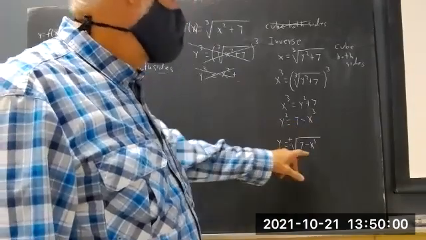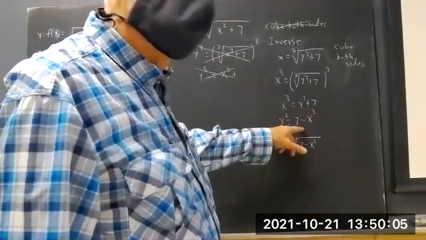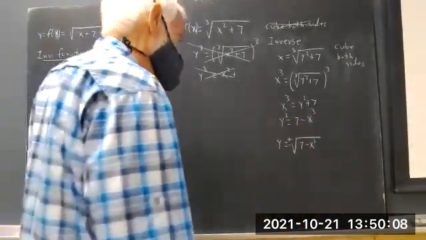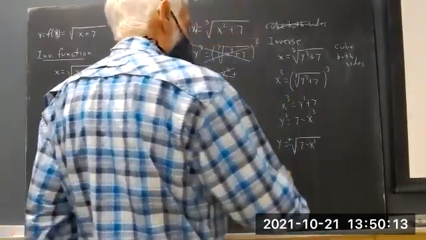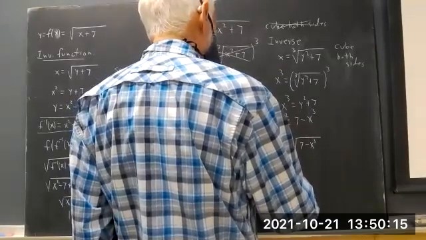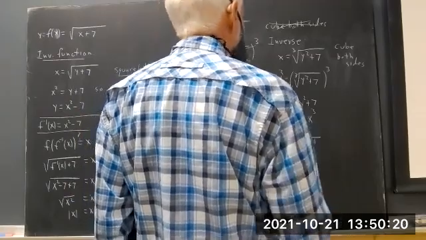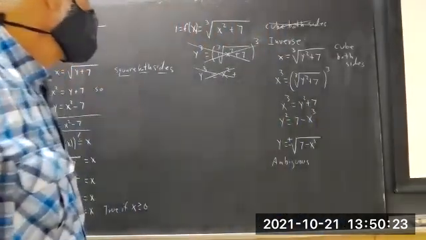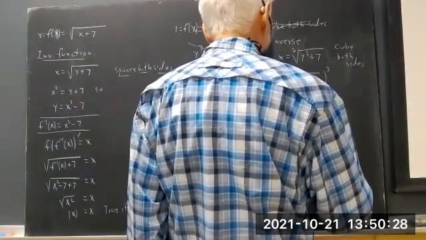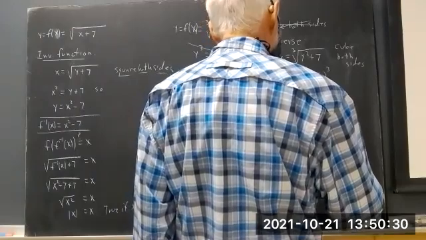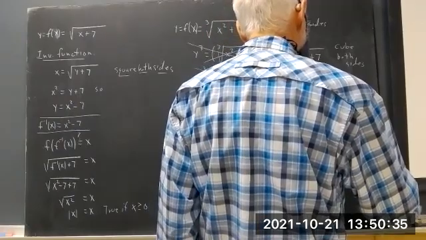Well, if you square the negative of that square root, you have a negative times a negative, so it's still going to give you the same thing. And now we have an ambiguous result. If this is ambiguous, it's not a function, because you've got two different values of y.